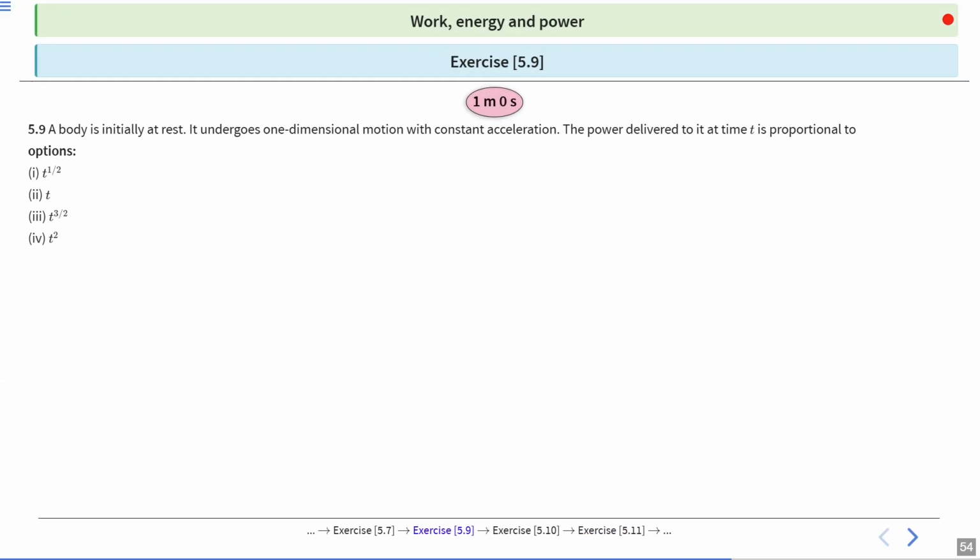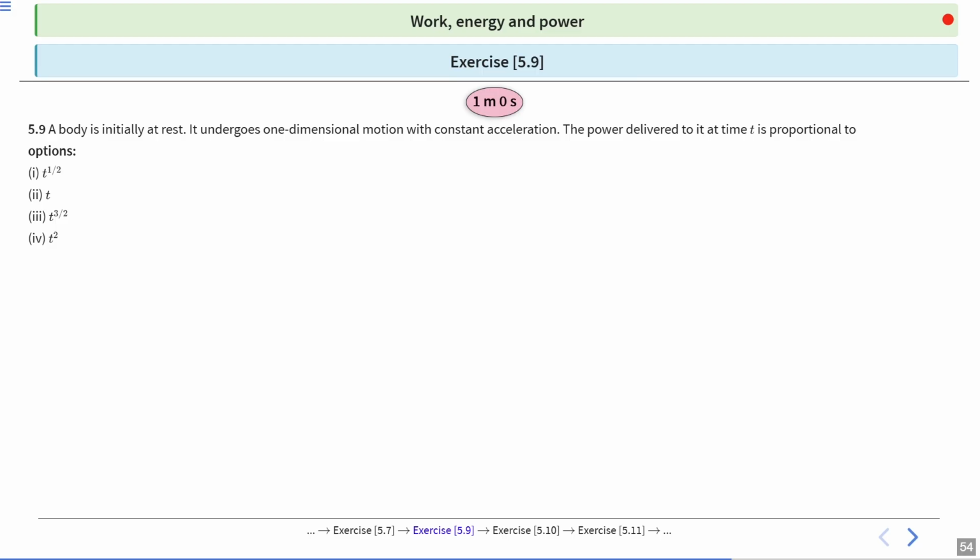A body is initially at rest. It undergoes one dimensional motion with constant acceleration. The power delivered to it at time t is proportional to what? You have to find out on what factor the power delivered at time t depends. Given options: option A, t raised to the power 1 by 2. Option second is t.